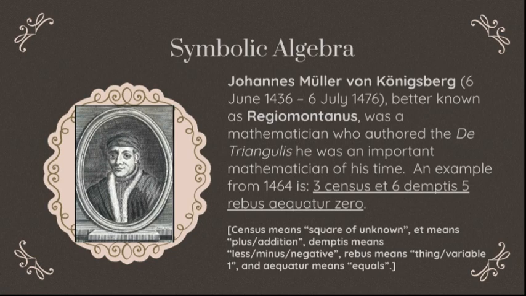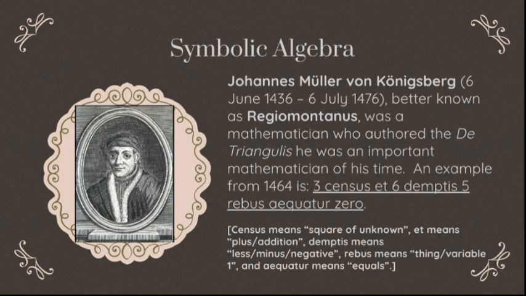Our first mathematician is Johannes Müller von Königsberg, born on June 6, 1436 and died on July 6, 1476. Better known as Regiomontanus, he was a mathematician who authored the De Triangulis. He was an important mathematician of his time. An example from 1464 is 3 census et 6 tempus 5 rebus equator 0.